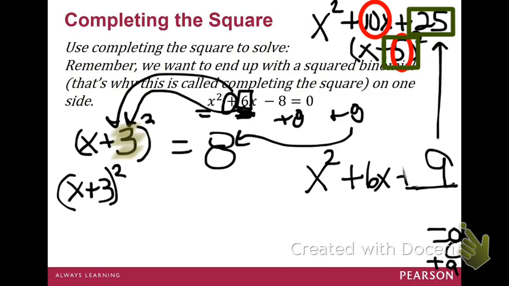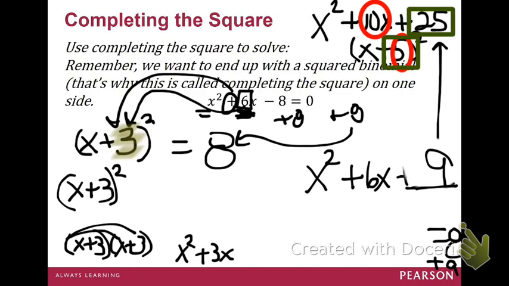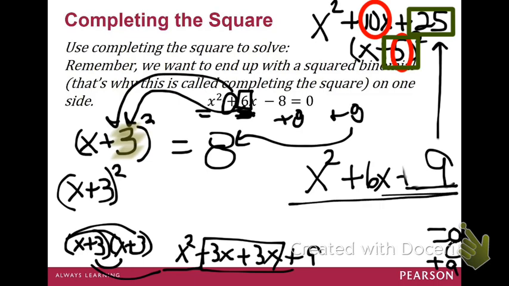And if you were to multiply that out, I'm going to do it just real quick. X plus 3 times x plus 3. That's x squared plus 3x. There and there. And then my 3 times x is 3x, and 3 times 3 is 9. And then these two terms get combined, so it gives you x squared plus 6x plus 9, which is what I have right here.